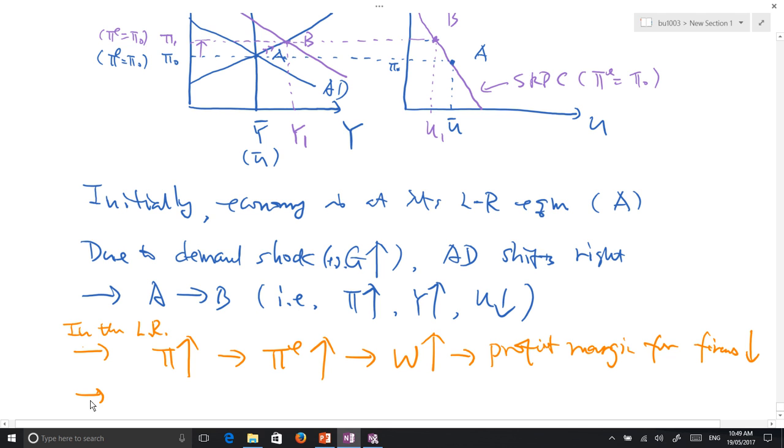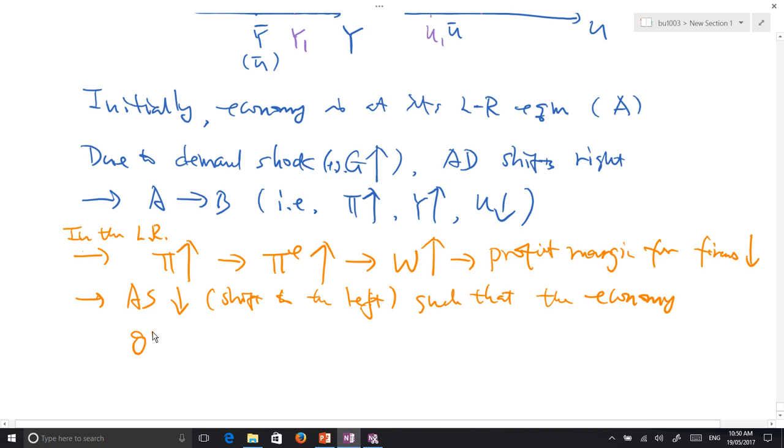So firms respond by cutting aggregate supply, which decreases or shifts to the left, such that the economy goes back to its long run equilibrium.